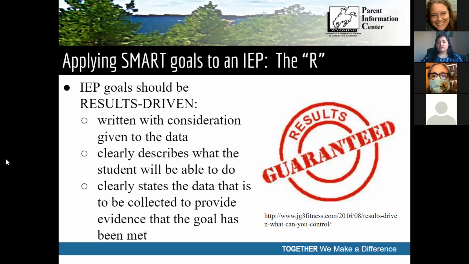What does grade level look like? Is he going to be in the middle of the grade level, or at the end of the grade level? Is he going to be, you know, second grade, first month? Where exactly is he going to be by the end of that year? So you want it to be specific enough and written with those results and that data in mind of where you're going for the future.